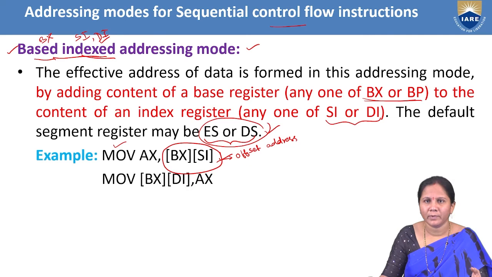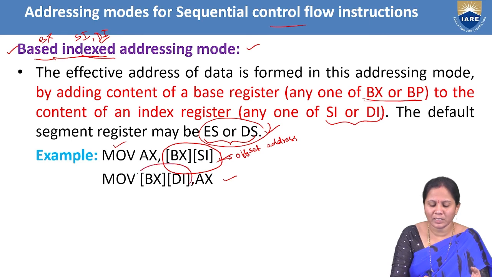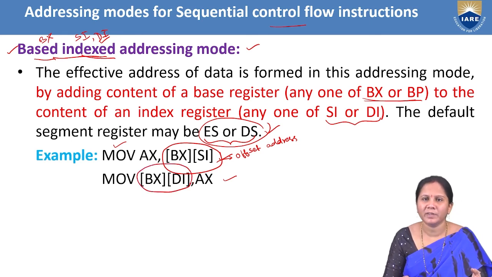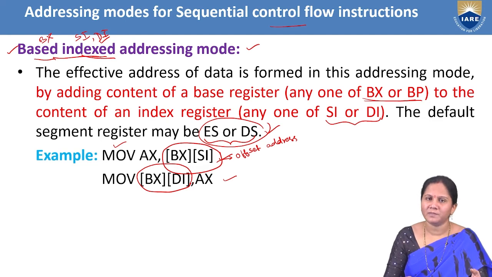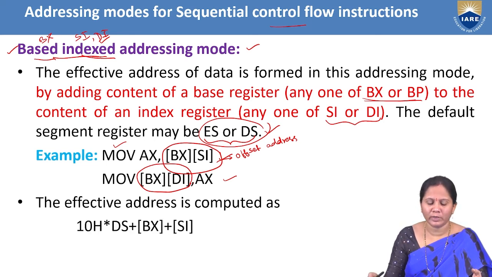And next, this is another example you can see. Here also the base register along with the index register is specified as a part of an instruction, which gives the offset address. And the segment address we have to take from extra segment or data segment. In order to calculate the effective address for these two cases, we know the formula to calculate the 20-bit physical address, that is segment address into 10 plus offset address.